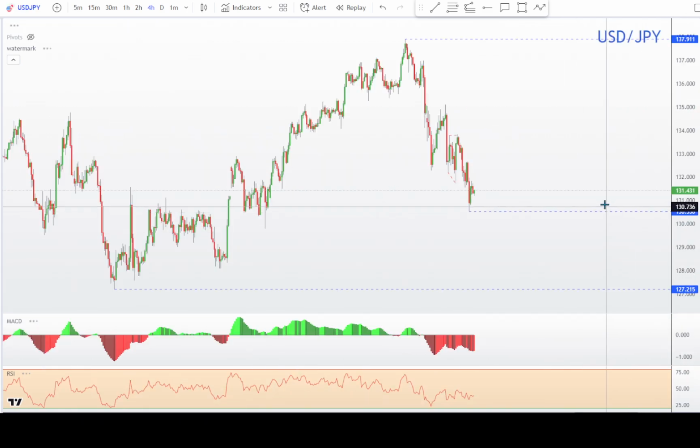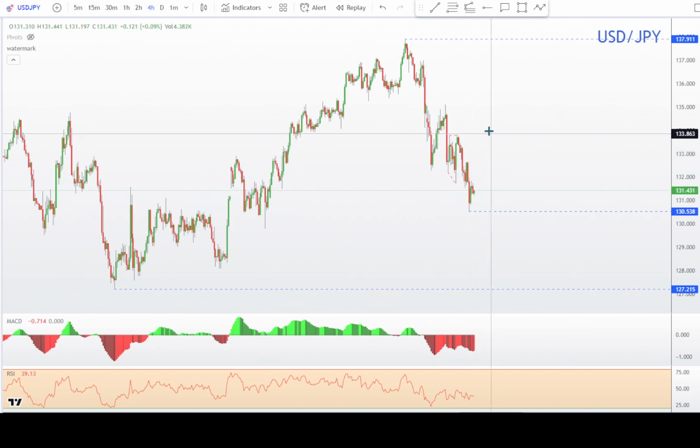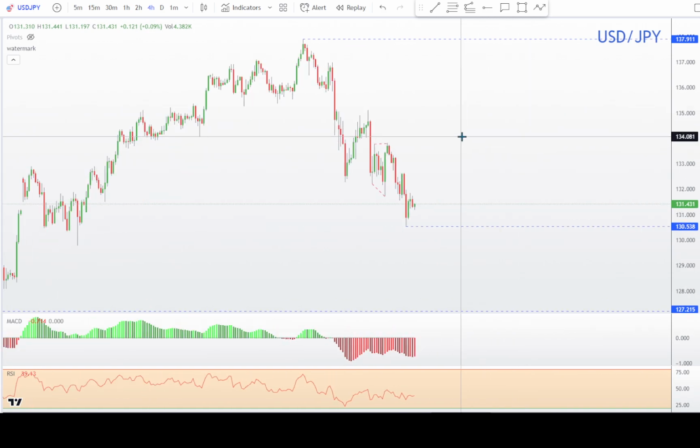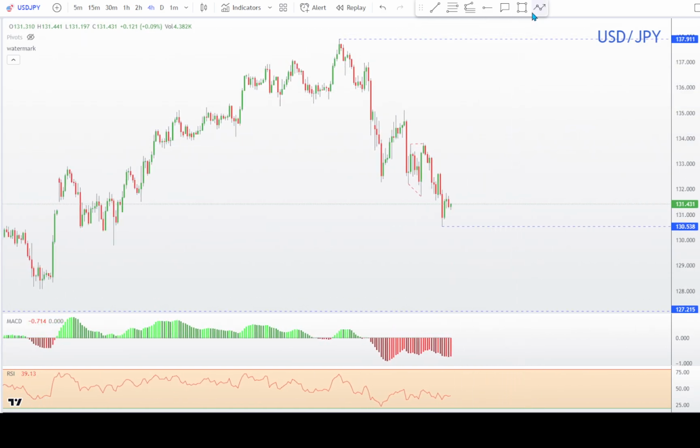All right, the yen. All right, so this to me is almost looking like they might be making a running flat here, because it looks pretty impulsive.